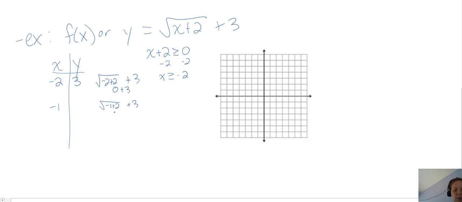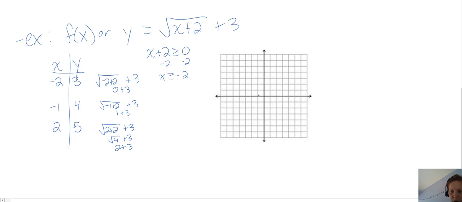So negative 1 plus 2 is 1, square root of 1 is 1, plus 3 is 4. Now there's probably going to be a couple where I don't get a nice number, because if I plug 0 in for x, 0 plus 2, that doesn't come out nice. 1 plus 2 is 3, that doesn't come out nice. Let's try 2. Square root of 2 plus 2, plus 3. Square root of 4 plus 3 is 2 plus 3, and that is 5.